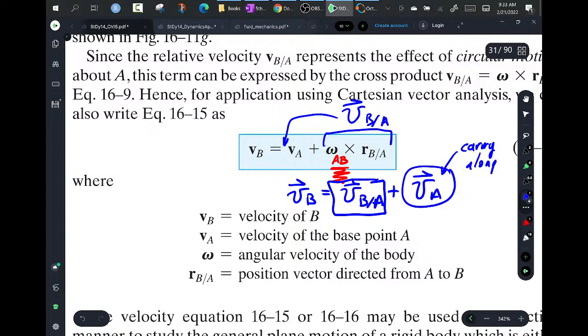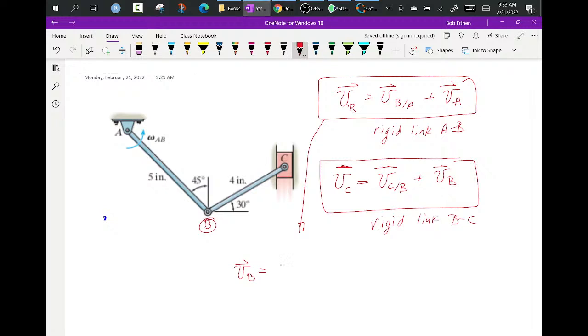So I focus on this term right here, which is omega of the link times R. It's the omega of this link, because I'm on AB, cross R. The subscripts here match the subscript there, and then I just carry the VA. The reason I carry it along is just because it's there, but A is pinned, so in this particular case, this is nothing.